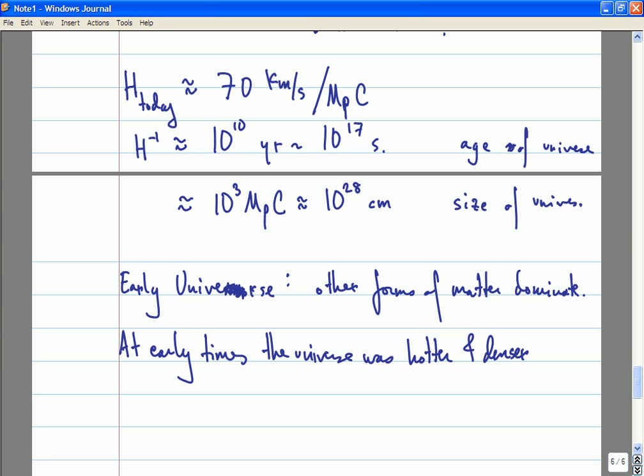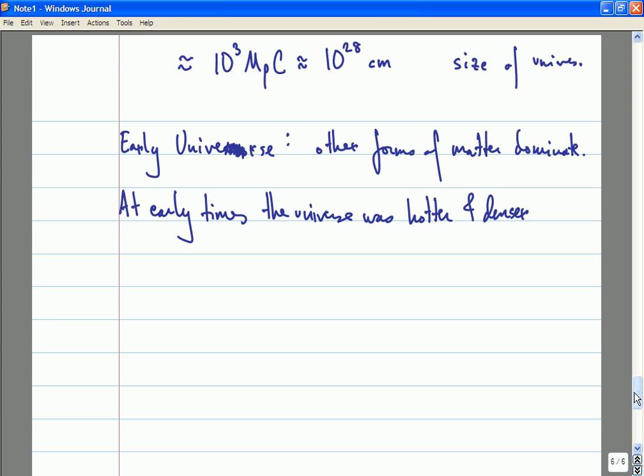And so, in the very early universe, the dynamics was governed by matter, which had the equation of state of radiation. And in order to determine the dynamics of the universe at very early times, you need to appeal to particle physics. And you need to see what sort of particles there are in our fundamental theory of matter, which could govern the dynamics of the universe at early times.